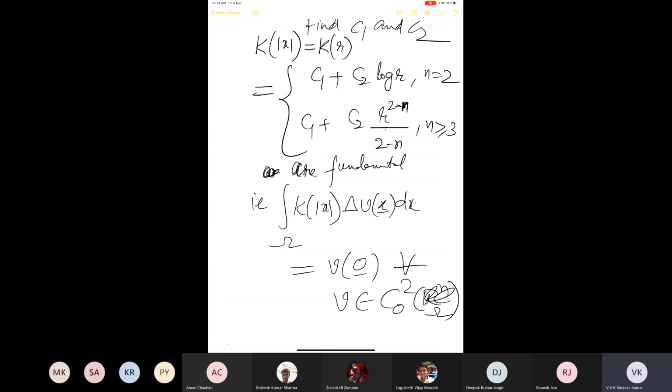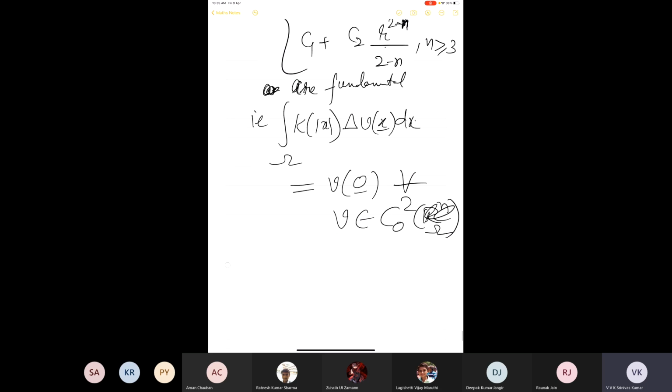First, we have found the radial functions. We are making them fundamental by finding the constants C1 and C2. That is the process. I am doing that process now.